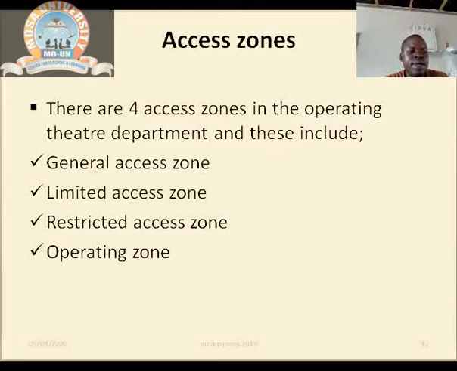For instance, if a nurse from the ward and the porter have carried a patient who is going for an operation, they'll stand before the red line. The area where they are standing is an example of a general access zone. Then another zone is the limited access zone.